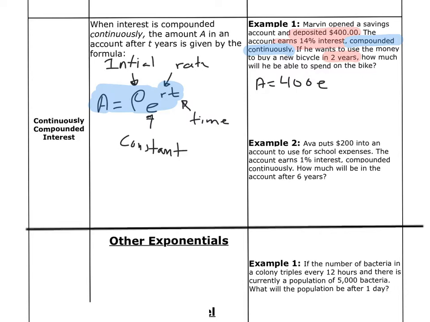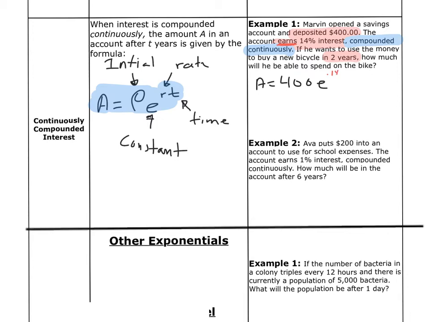Now, it's 14% interest. And also something to add, it earns 14% interest. In order for you to earn this interest, it's going to be a growth function. We're going to see that it will grow, that this is going to be a number greater than 0. And so when you write it in, it's going to be positive, so it's going to be 0.14.